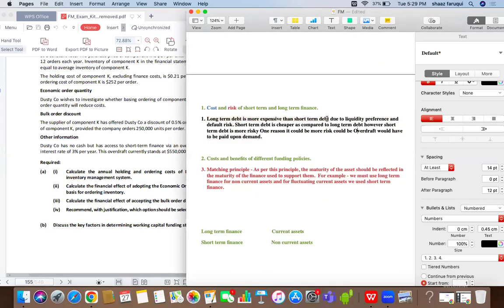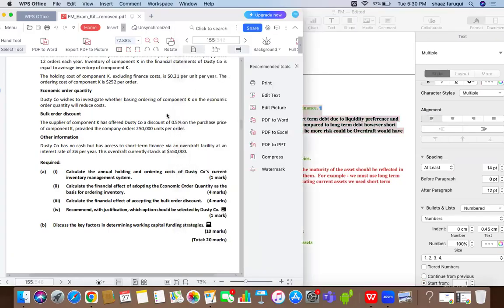And then you supported it with a reason. Then you talked about risk. You said which type of funding is riskier compared to the other one. And then again, you supported that with a reason or an example. When you close your answers like this, you will get full marks.